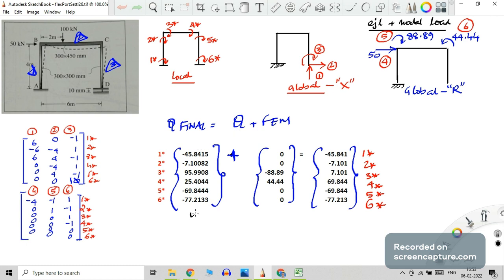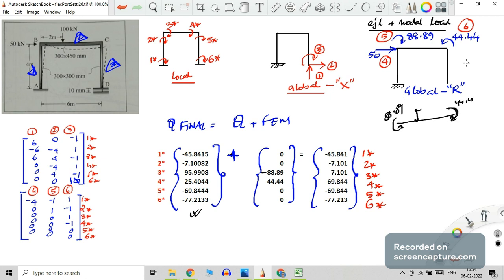So Q this you got, then FEM is the 100 kilonewton fixed end moment, as we know. This is the fixed end moment here. This is fixed end moment 88.89, and this is 44.44. This is anti-clockwise, so negative, just the reverse of EJL. That's all. So minus 88.89 and 44 is clockwise.